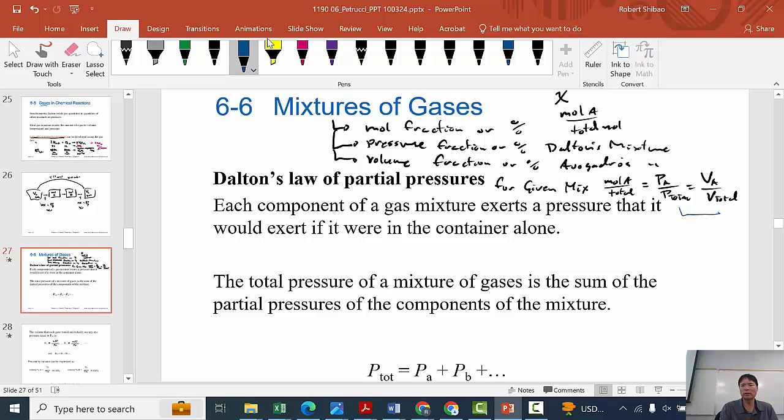It's one or the other. Whereas the mole fraction is always true, regardless. And so we're going to be using Dalton's law and Avogadro's law, and the mole fraction, to investigate gas mixtures.